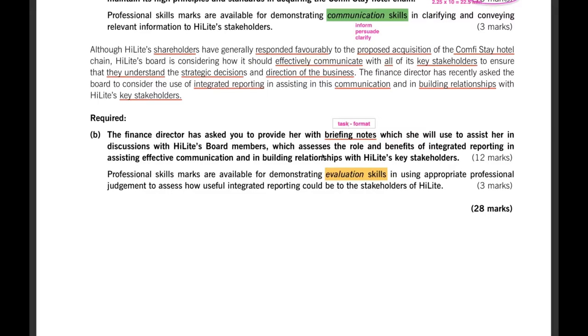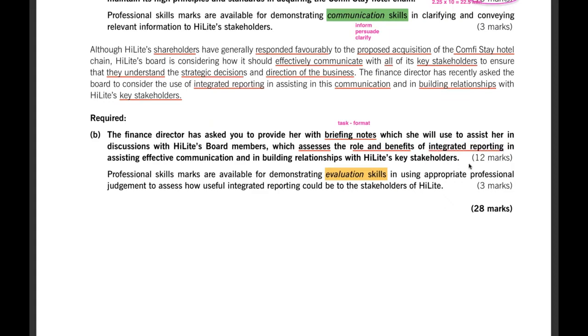All right. So what is it that you are supposed to be doing? The briefing. What's the content of the briefing notes? So it should assess the role and benefits of integrated reporting.